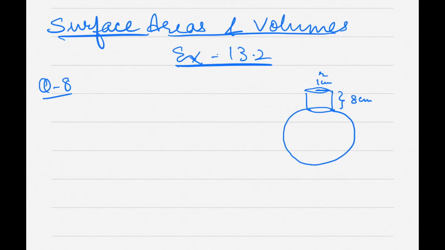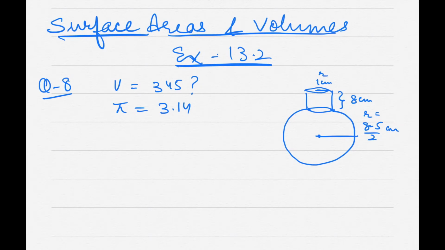The diameter of the spherical part is 8.5. So I'll take the radius of this sphere as 8.5 by 2. Radius is equal to 8.5 by 2 centimeter. By measuring the amount it holds, they say that whether volume is equal to 345 or not, we have to find out, and pi we have to take as 3.14.